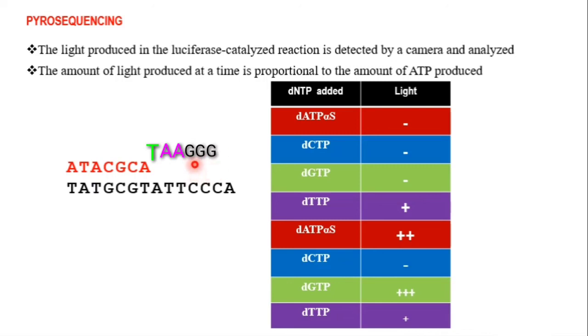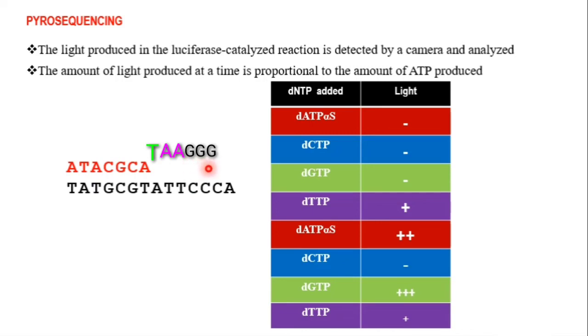That 3 dGTP will produce 3 pyrophosphate, and 3 pyrophosphate will be converted into ATP, and that ATP will convert luciferin into oxyluciferin. So we'll get 3 light signals. That means 3 G is there, so that's why it gives 3 signals.